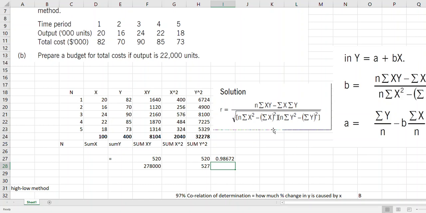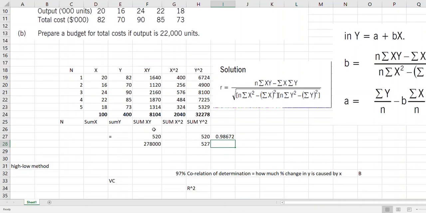When units were given, we found total cost. So what we did is we found the fixed cost and the variable cost, and then using that we calculated total cost. The same thing if we do using high-low method.